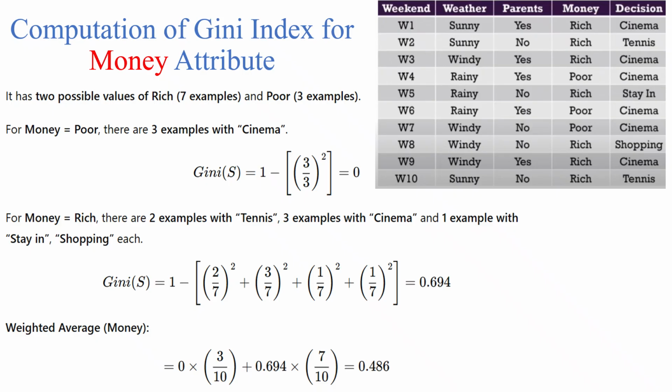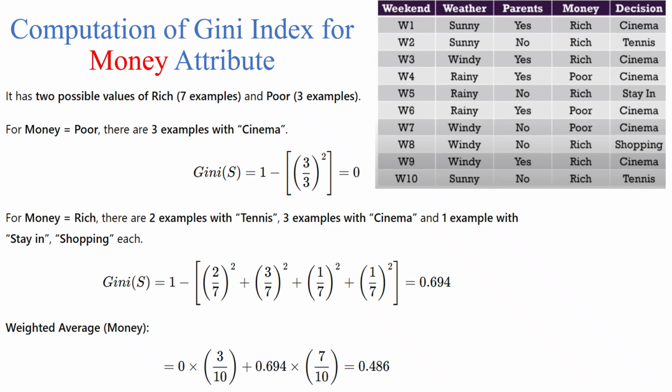Next we consider money equal to rich. We already know 7 samples are rich. Out of the 7 samples, 2 have the decision tennis, 3 cinema, 1 stay in and 1 shopping. So 7 is split like 2 plus 3 plus 1 plus 1.